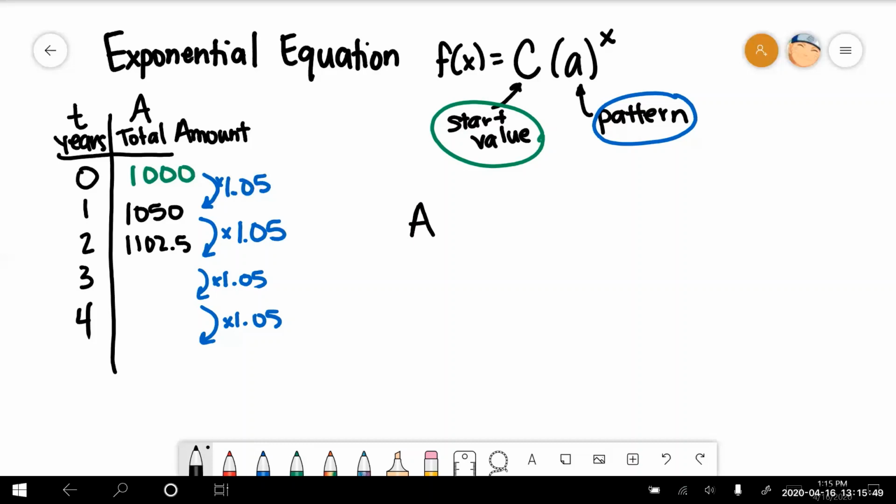I can write A equals my start value times my pattern, stay color coordinated, sorry, times time.